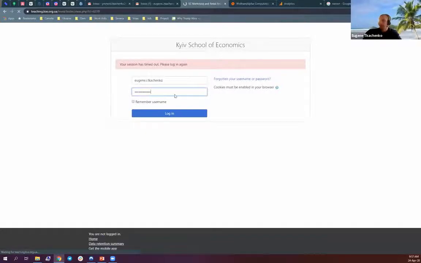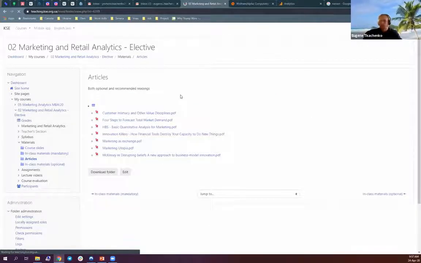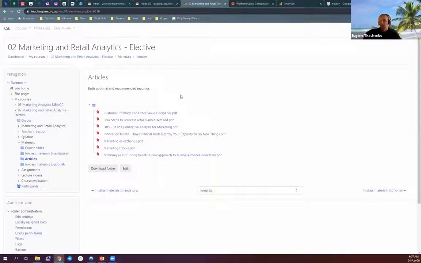Article number 1, which I would say is a must read, is basic quantitative analysis for marketing. And then I also recommend you read customer intimacy and other value disciplines, because it will give you a sense of what kind of metrics you had better be analyzing as part of your marketing activities. And then 4 steps to forecast total market demand.